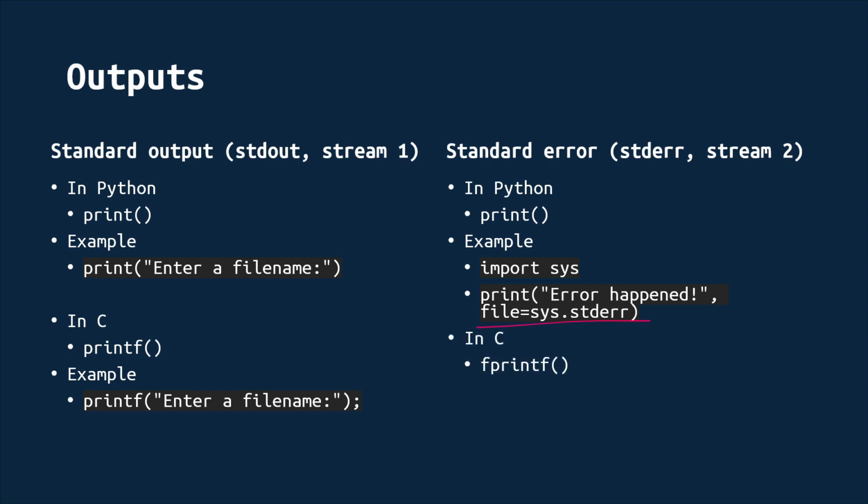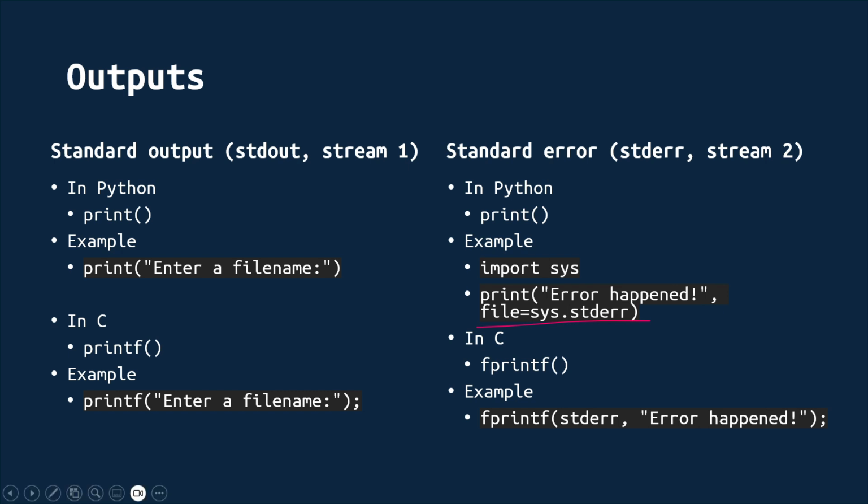In C, we use fprintf and we provide stderr as the first parameter. If you want me to explain more why we use fprintf and what the stderr variable is, put it in the comments, and in the next video we go deep into it.